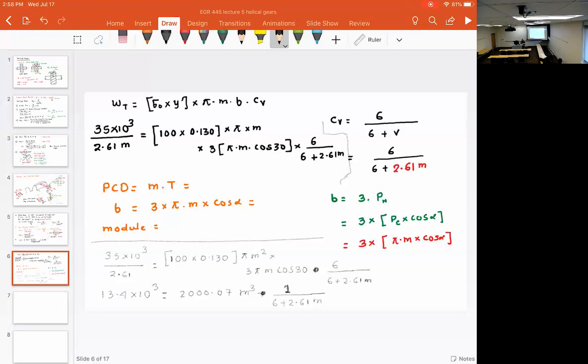Okay, let me go a step further. Take this 2000.07 onto the left hand side and tell me the number. So 13.4 times 10 to the power 3 divided by 2000.07.